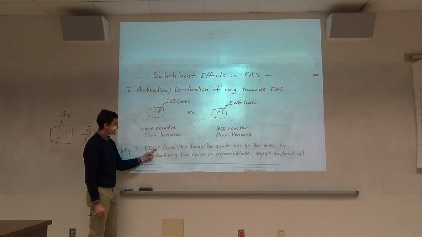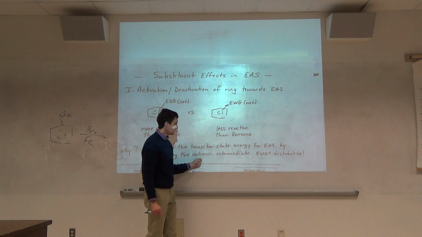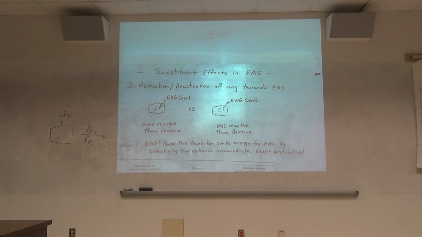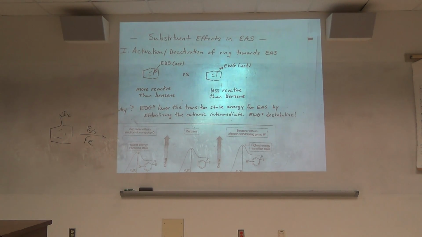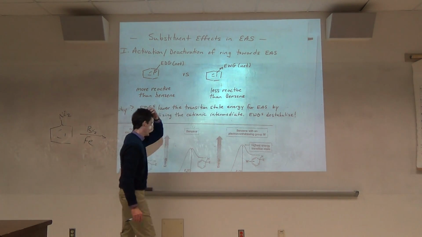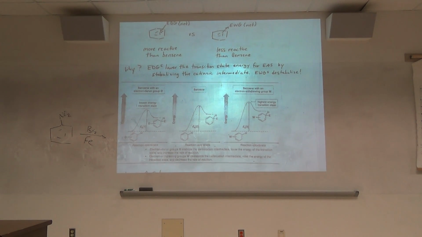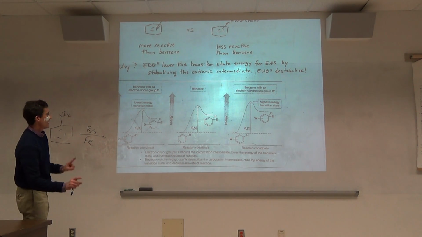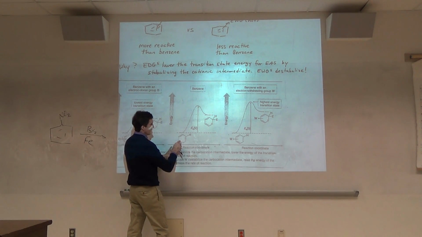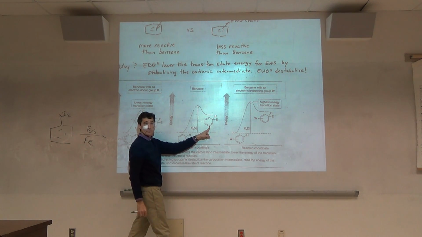Electron donating groups lower the transition state energy for an EAS reaction by stabilizing the carbocation intermediate, while on the other hand, electron withdrawing groups destabilize. This is illustrated down here. Let's just look at benzene in the middle, and then we'll compare. You have some type of transition state leading to the sigma complex.